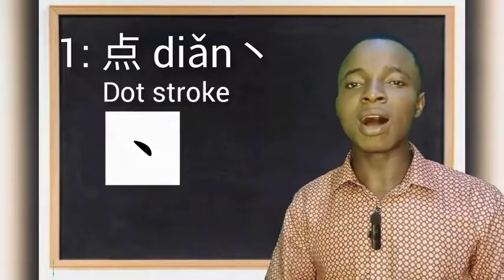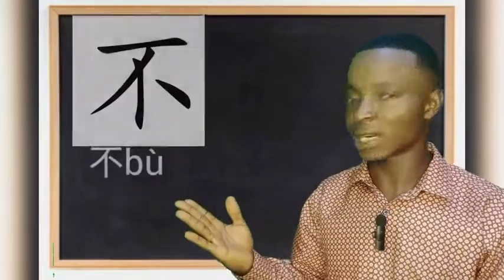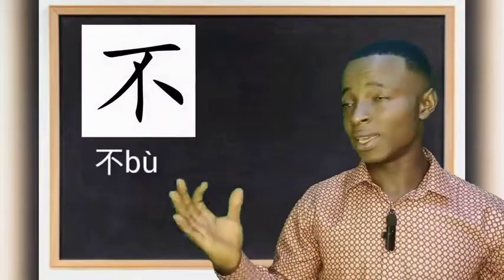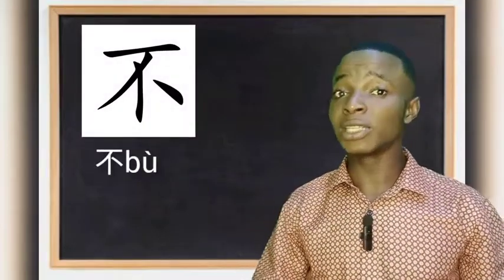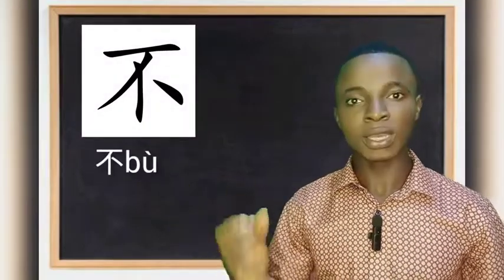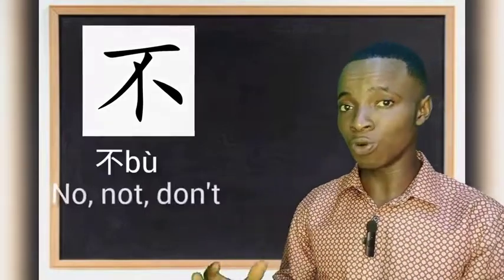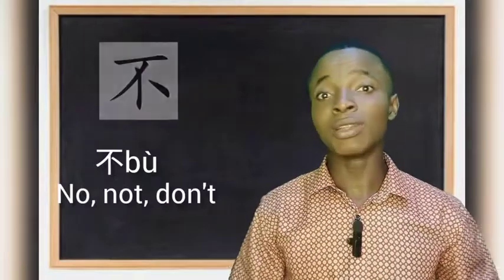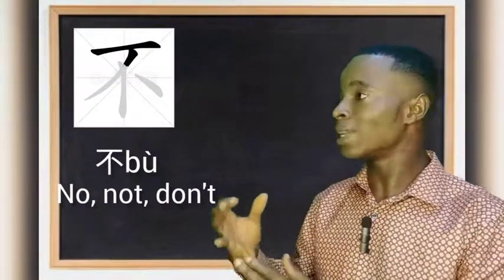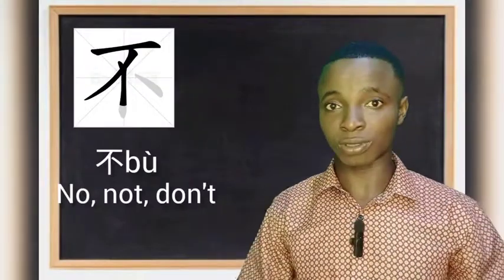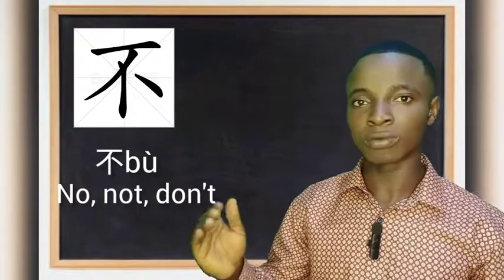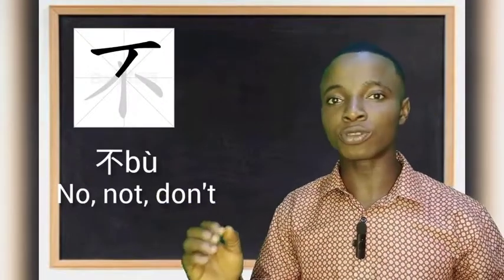Now, let's see how this stroke appears in one of these characters. Here is one of the commonly used Chinese characters, bu. This bu is a negative prefix that means no or not. Now, let's see how to write this character with this stroke. Beautiful. We can see that it has four strokes.